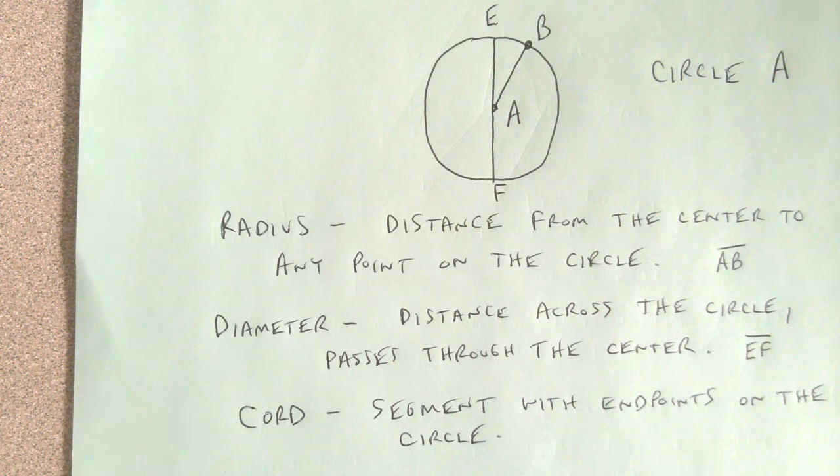So in the circle here, you could say that a diameter is a chord. So segment EF is a chord.